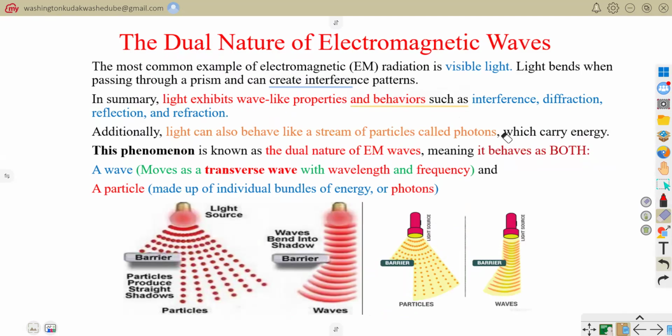After we've said that, there is one important characteristic of electromagnetic waves. That is what we call its dual nature. What is it that we are saying? The most common example of electromagnetic radiation that we can think of is what we refer to as visible light, the light that we use for our vision.